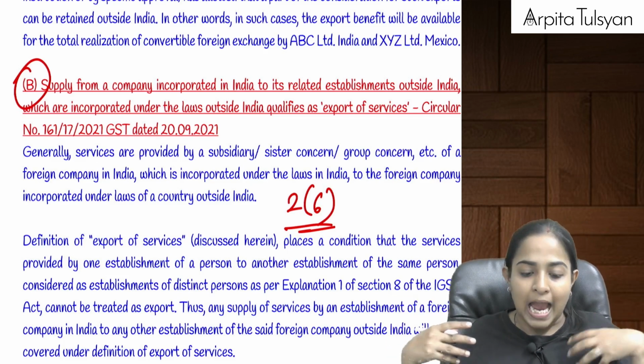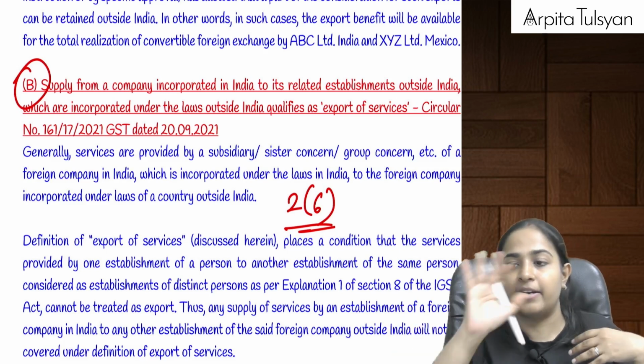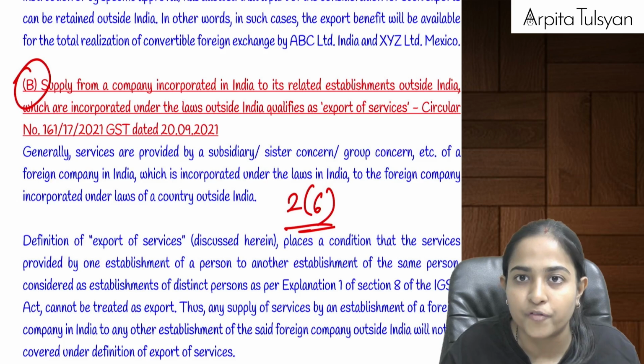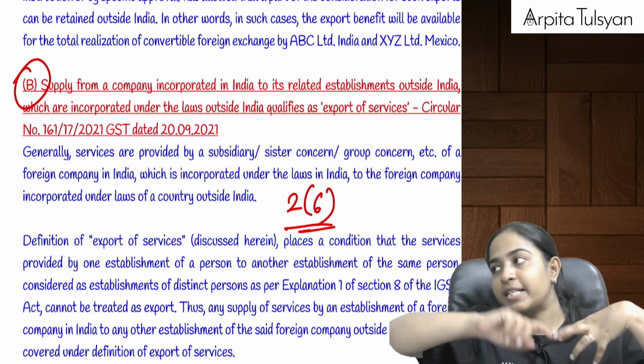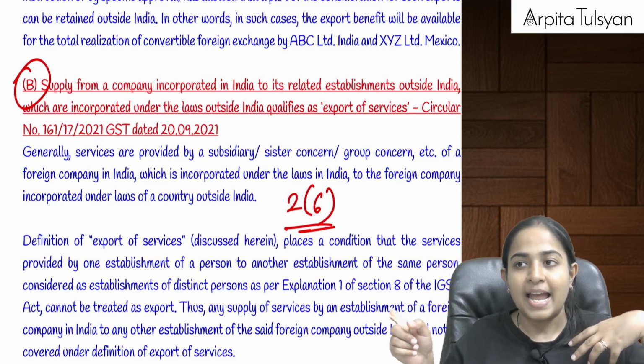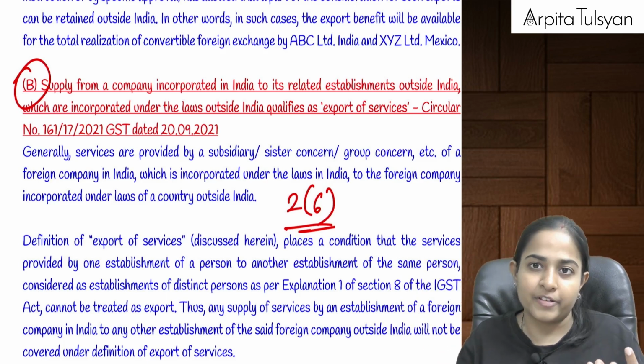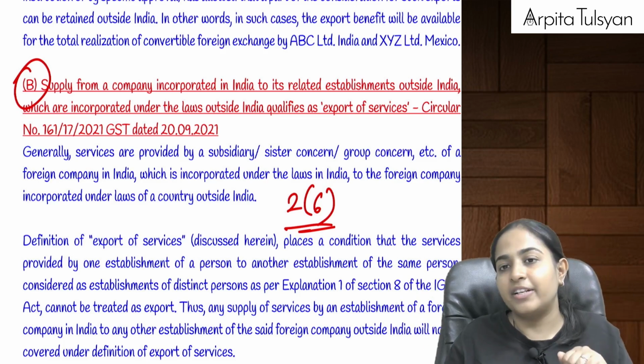Now let's say I am the holding company and the other company is a subsidiary company, means these two are two separate entities, then that can be considered as export of service. Okay, but if I am the head office and the other one is a branch, then we are same entities, then this will not be considered as export of service. Okay, but in that only they have given a clarification.